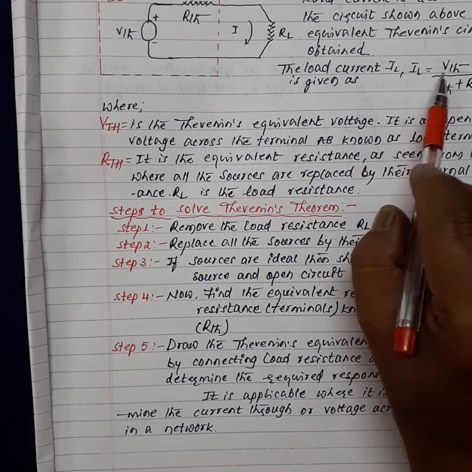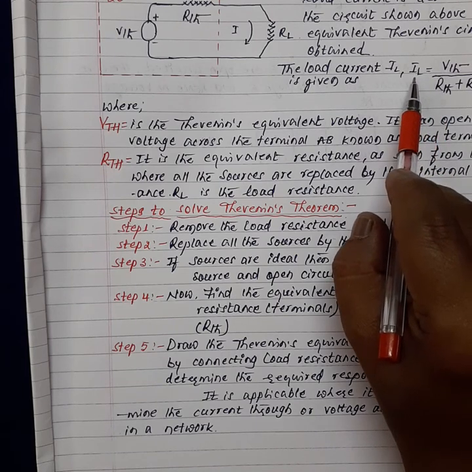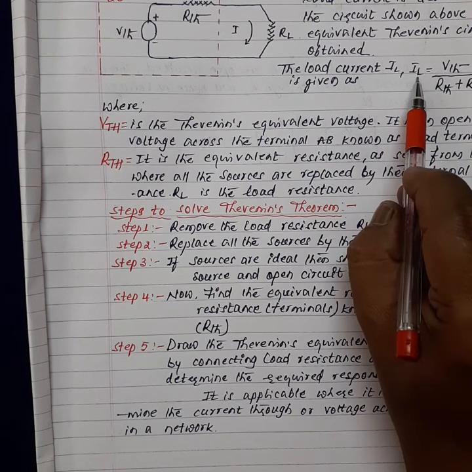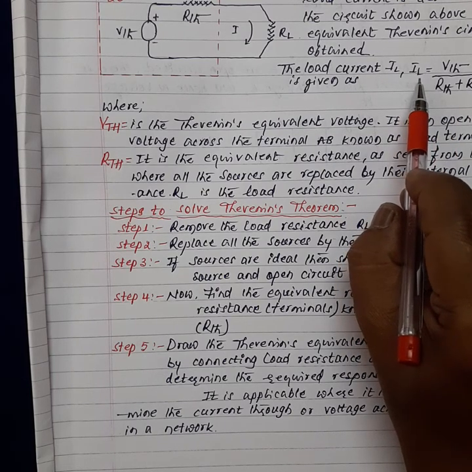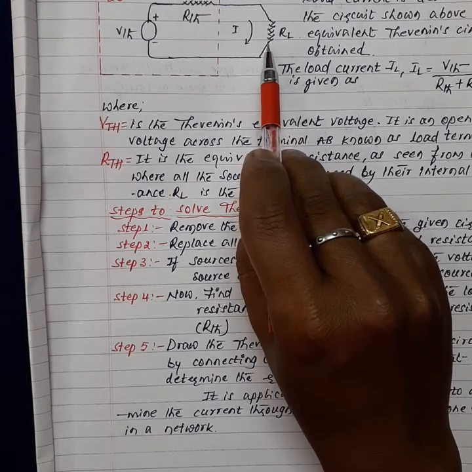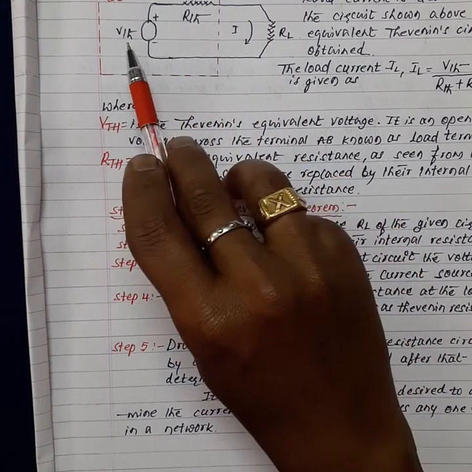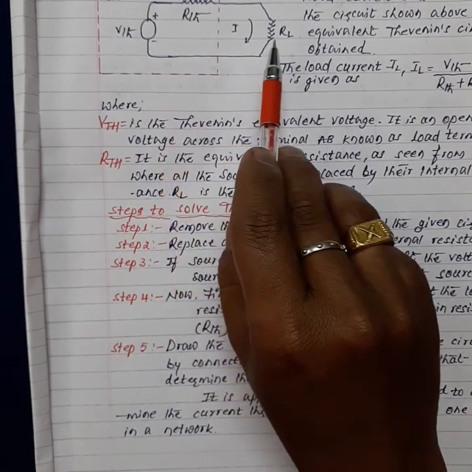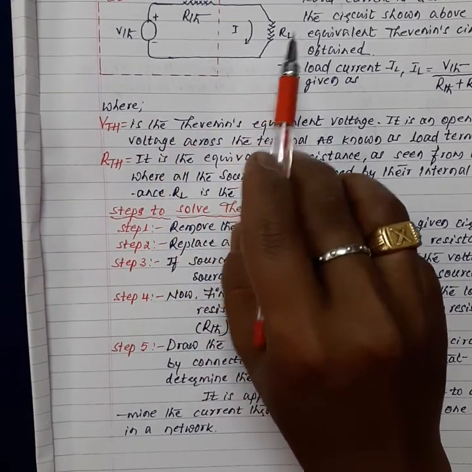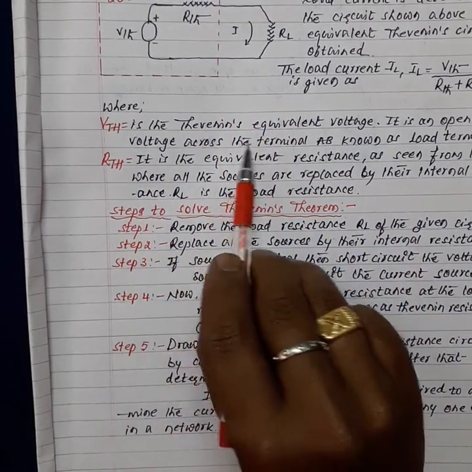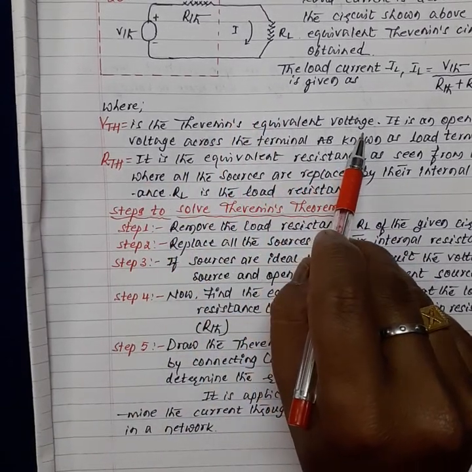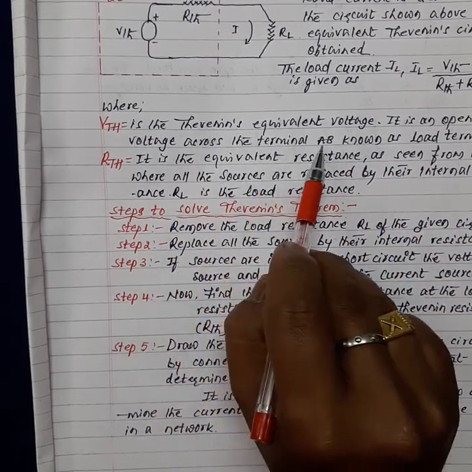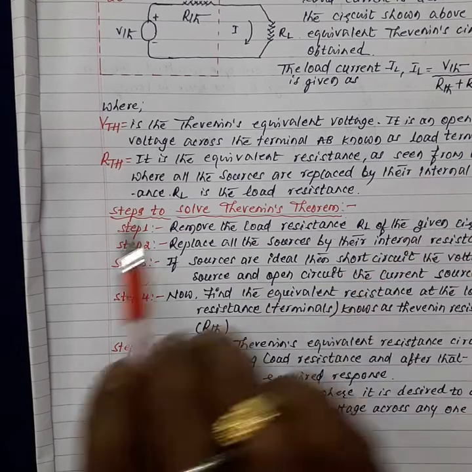Now as per Ohm's law, V equals IR, so I is nothing but V by R. The current across the load is VTH divided by RTH plus RL, where VTH is the Thevenin's equivalent voltage, the open circuit voltage across the terminal AB known as the load terminal.